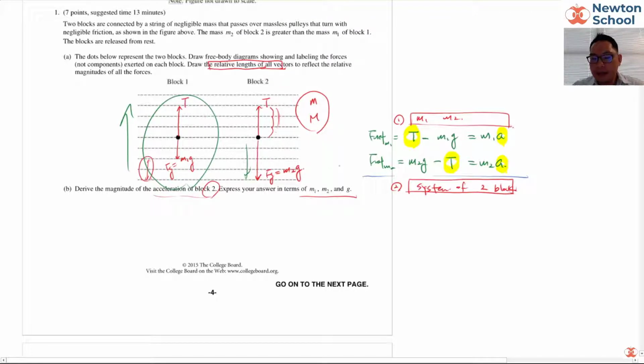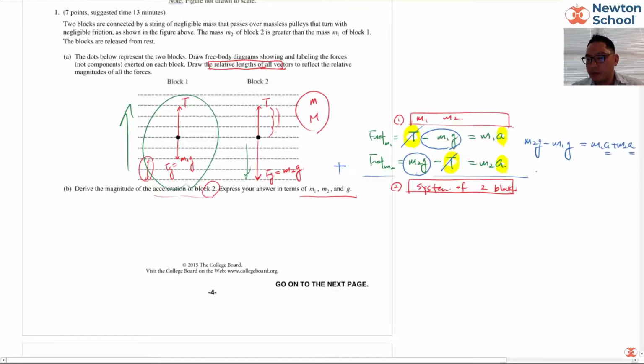Now, if you add them, you'll cancel tension. So on the left side, you have M2g minus M1g, equals, if you add them, M1a plus M2a. Remember you're looking for a, right?